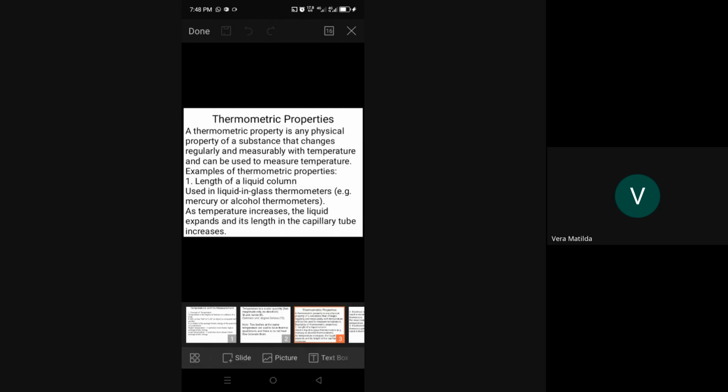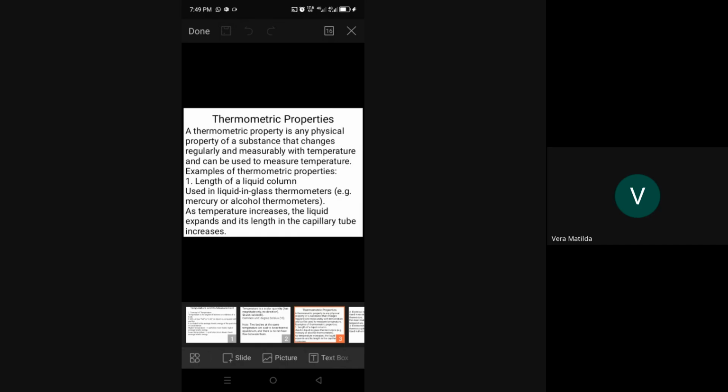Used in liquid in glass thermometers, e.g., mercury or alcohol thermometers. So this length of a liquid column is used in liquid in glass thermometers. I want you to note the type of thermometer and the thermometric property.